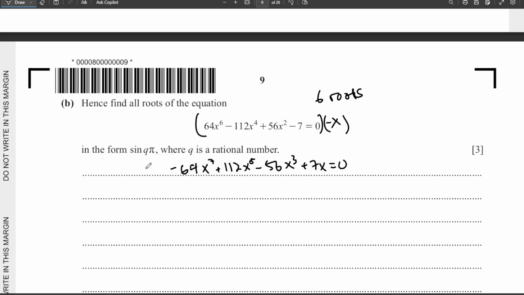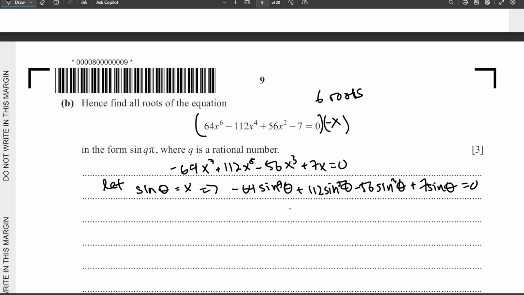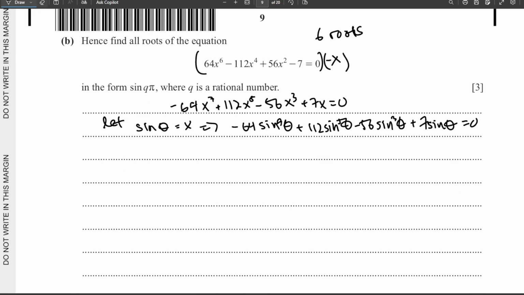Alright, now we let sine theta be equal to x, so that our equation will look exactly like the thing that we have proved just now. And this entire expression, we can just replace it with what we have proven, which is sine 7 theta.